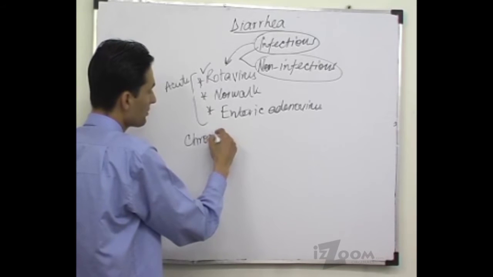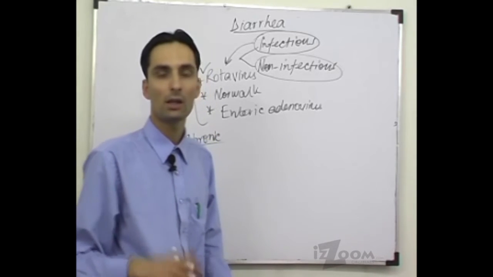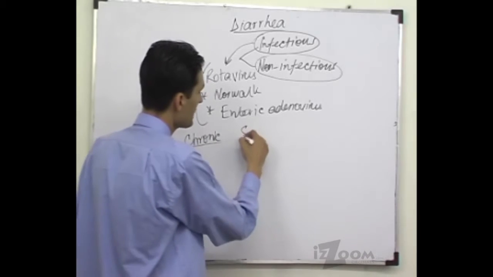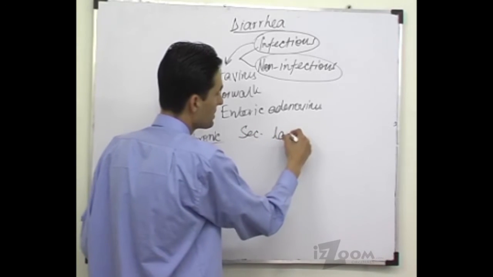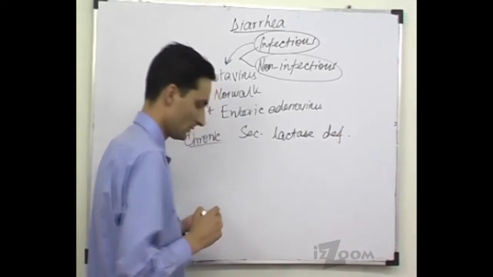Chronic diarrhea can also occur in children, and the most common cause of chronic diarrhea in children is secondary lactase deficiency.